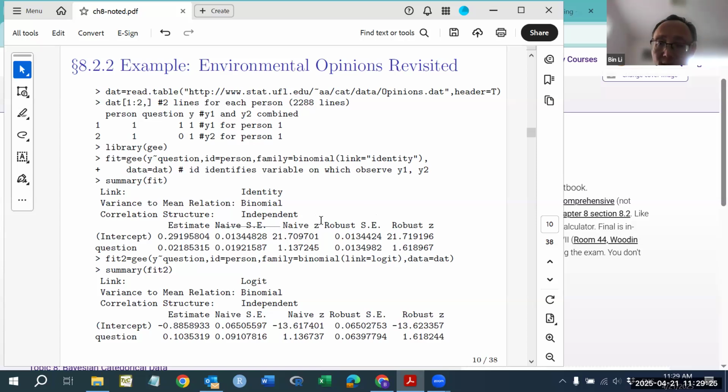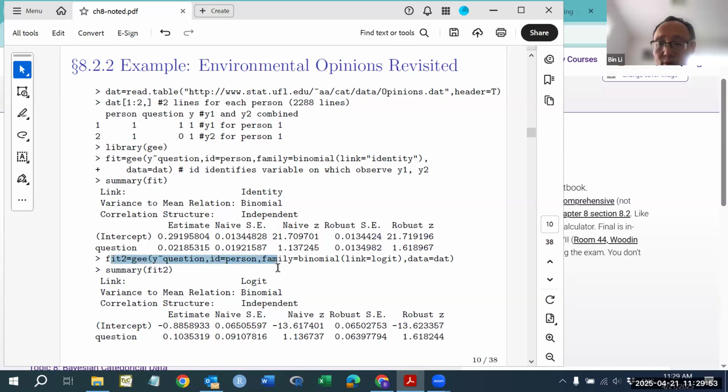And robust standard error and robust Z consider the matched pairs. That means we only have 88 persons, but each person answers 2 questions. Okay, so in this study, of course, we should use the robust. So robust standard error and Z are more appropriate for this case.